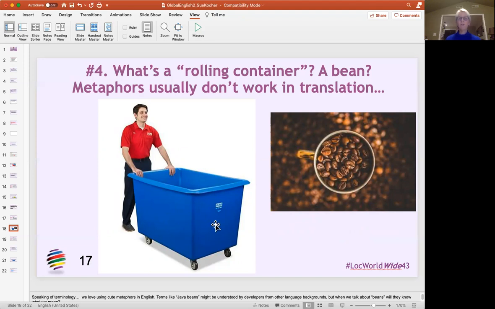But metaphors don't translate very well, so we have to be really careful about using metaphorical terms and constructions in our UI text. And if we do, then we have to make sure that we find a way to explain it to the translator. Same thing for Java beans or just beans. I came across the term bean by itself, and we don't want to translate it into legume because that would be incorrect. So we have to be thinking all the time about metaphors and whether they're going to present a problem in translation.